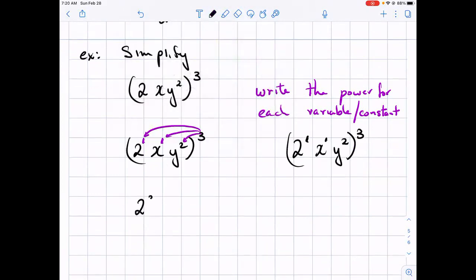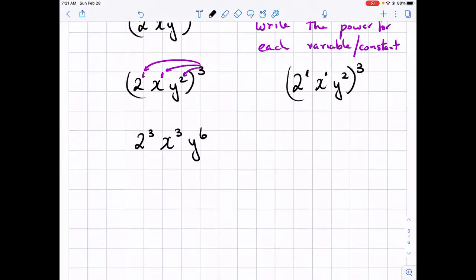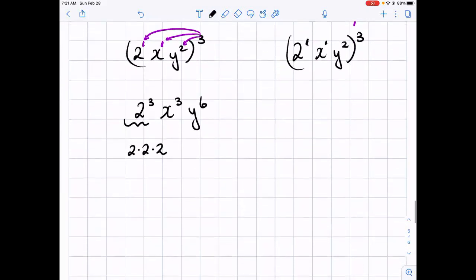So we end up with 2 to the third, x to the third, and y to the sixth. 2 to the third means 2 times 2 times 2. So 2 times 2 is 4, 4 times 2 is 8, so this becomes 8x to the third, y to the sixth. Very important.